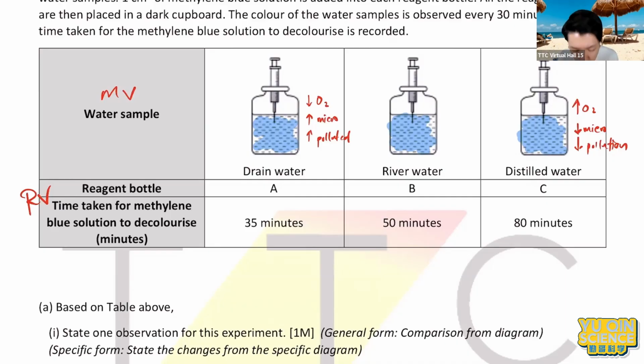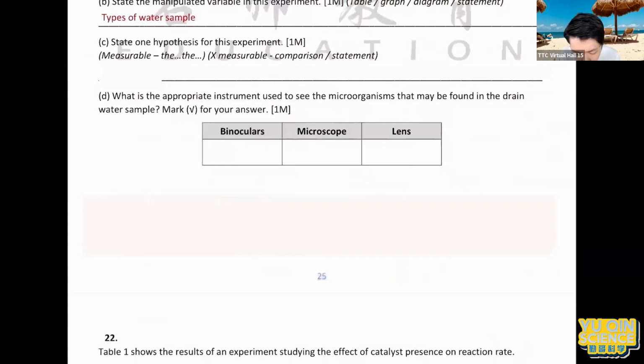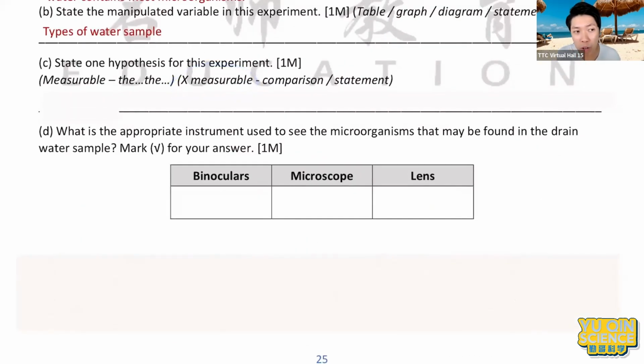If it's not measurable, then we go for this method called comparison, or a statement, like drain water is the most polluted water source. A statement, firm and strong, telling the whole world that drain water is the dirtiest, most polluted. Or you can compare also, drain water is more polluted than the other 2.